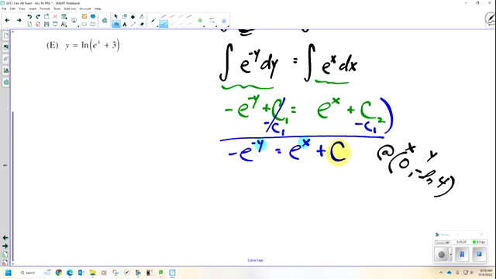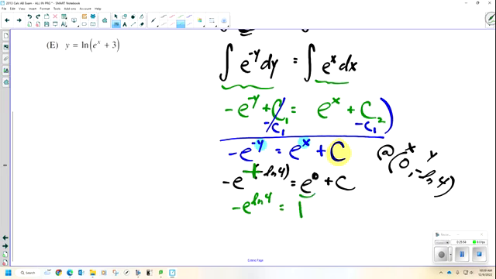Negative e to the negative y, which is negative ln of 4, equals e to the x, which is 0, plus c. Okay, this is doable. First of all, whenever I subtract a negative in this exponent, I get a positive. So I've got negative e to the ln of 4 equals e to the 0, which is just 1, plus c.